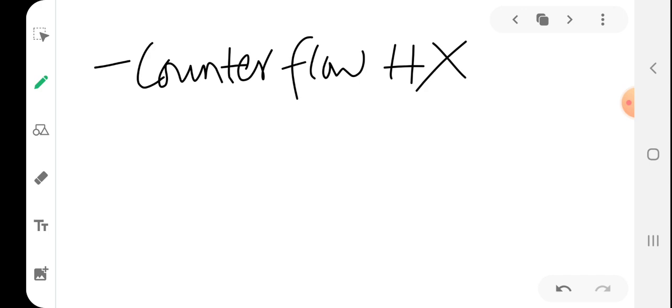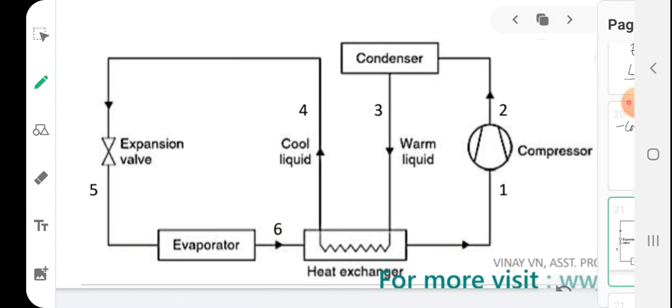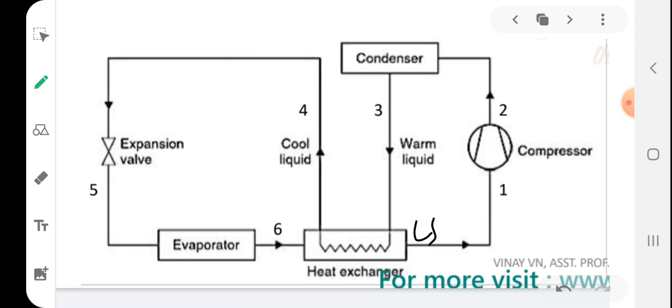This is a counterflow heat exchanger in which the warm saturated refrigerant liquid from the condenser exchanges heat with a relatively cool refrigerant vapor from the evaporator. This is the LSHX, placed between the condenser and expansion valve. Actually, the vapor from the evaporator should go to the compressor, but here there is a heat exchanger in between.